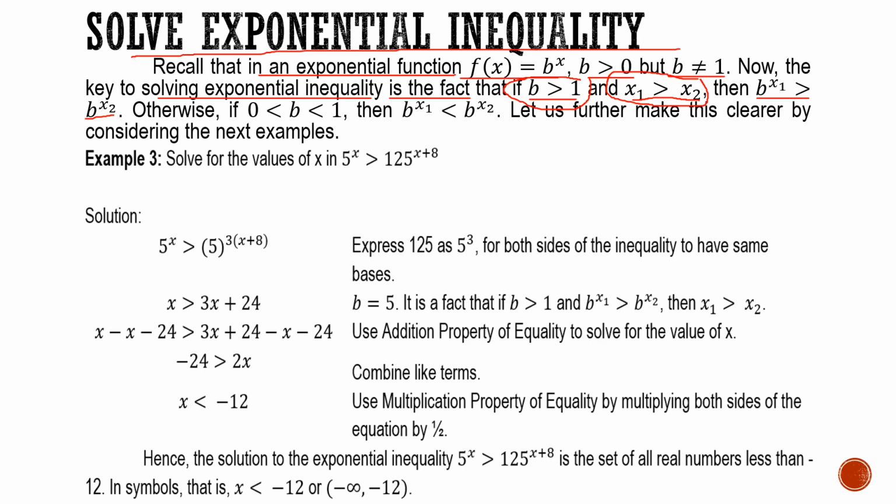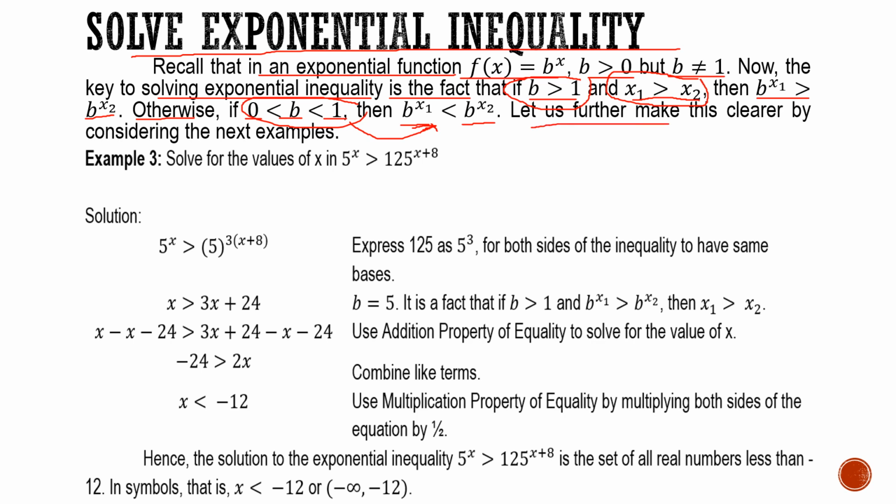Otherwise, if 0 is less than b is less than 1, meaning the value of your b will fall in between 0 and positive 1, then b to the x sub 1 is less than b to the x sub 2. So you need to satisfy this condition before you conclude that b raised to x sub 1 is less than b raised to x sub 2.